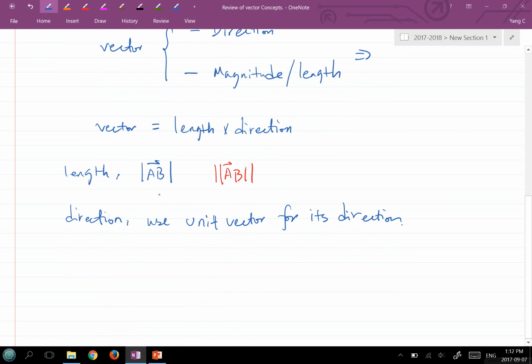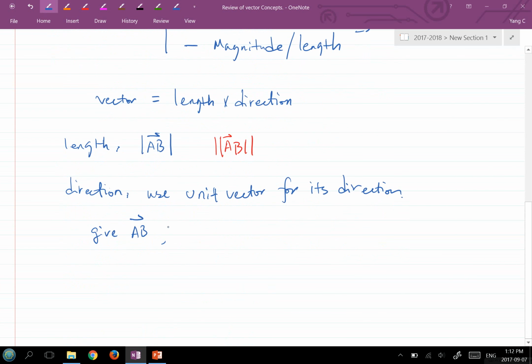The unit vector is written AB hat, with a little inverted triangle, a sharp triangle kind of thing.